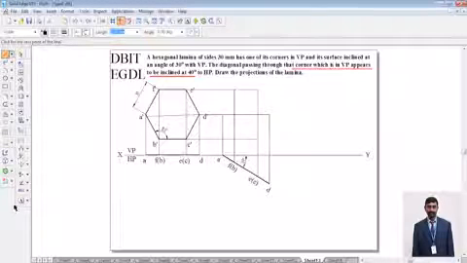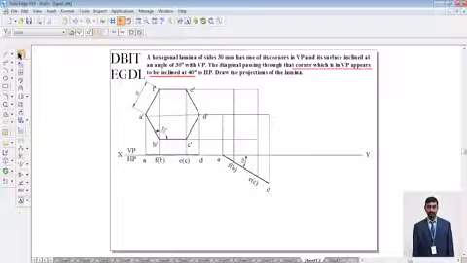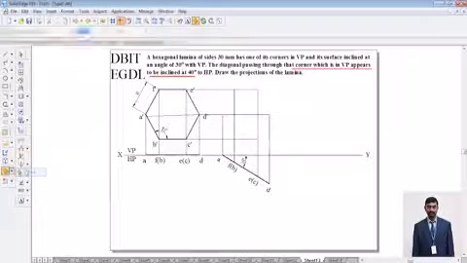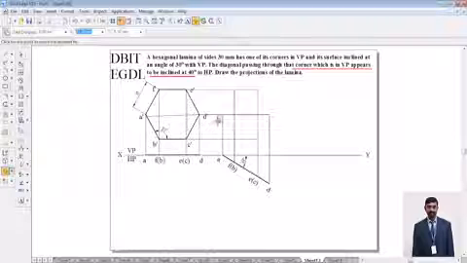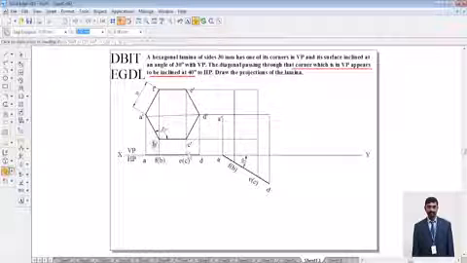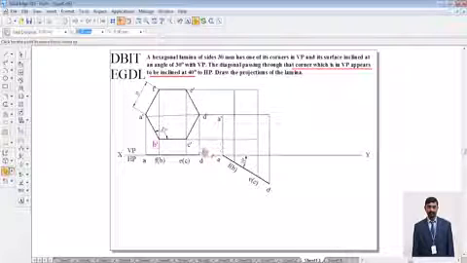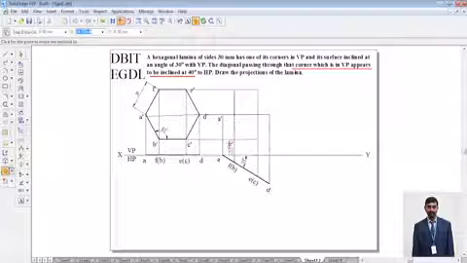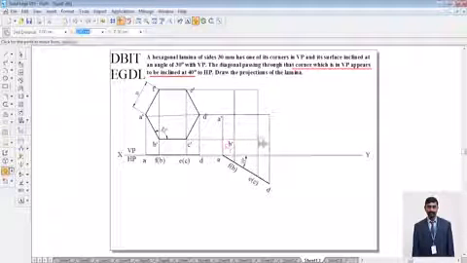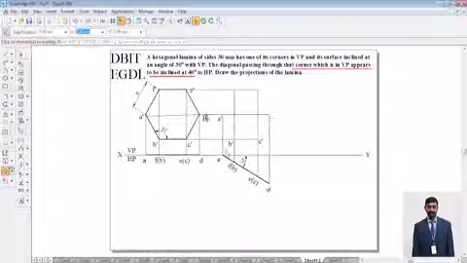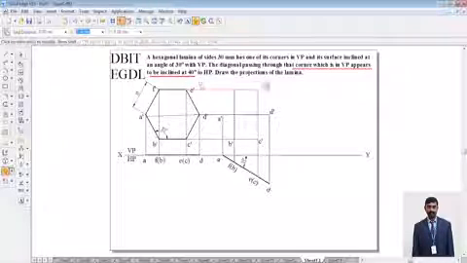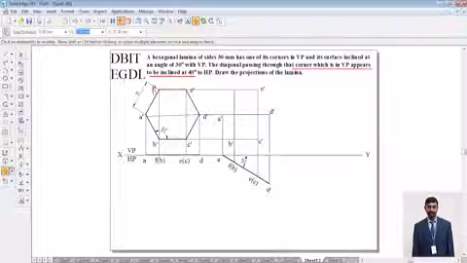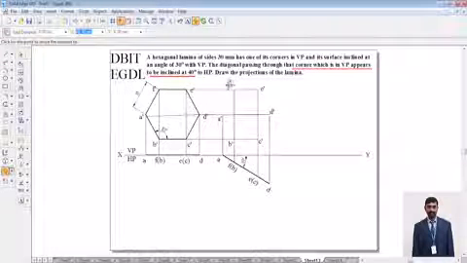Now I am going to name this second position. This is A dash, B dash, C dash, D dash, E dash, and F dash.